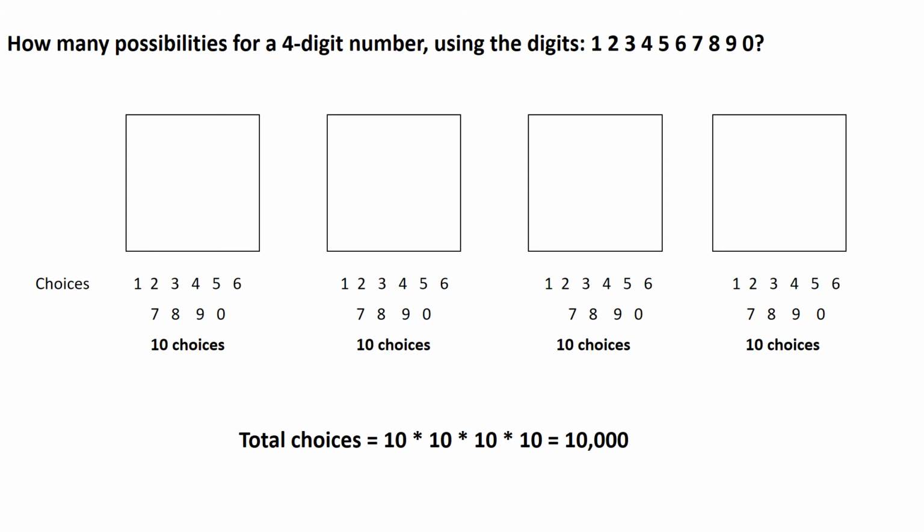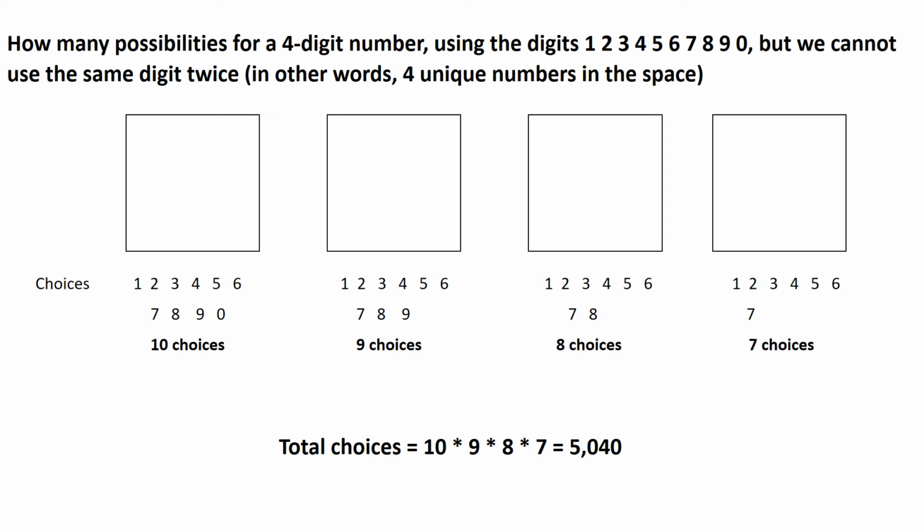For my second one, I could have 10 possible choices. My third one, 10 possible choices. And my fourth digit, 10 possible choices. Multiply 10 times 10 times 10 times 10. There are 10,000 choices. And if you think about it, if we go from 0000 to 9999, there are actually 10,000 choices.